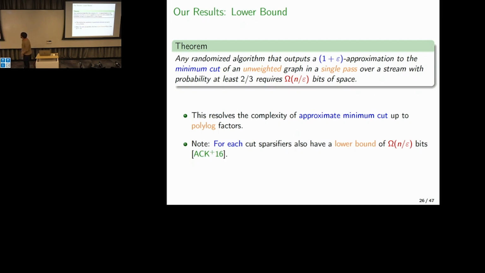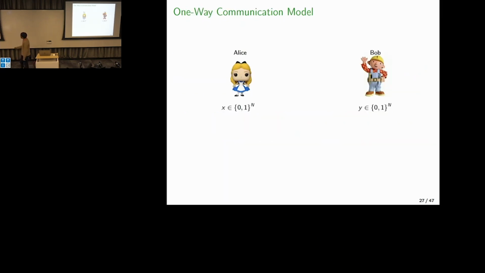Okay, so how do you prove this lower bound? Let me take a small detour to communication complexity, and that's where the hardness will come from. You have two players, Alice and Bob, and both of them have an input of n bits, and they want to solve a function f together. They're allowed to communicate with each other. Alice is allowed to send a message m to Bob.